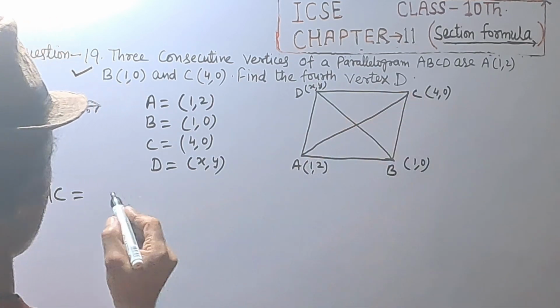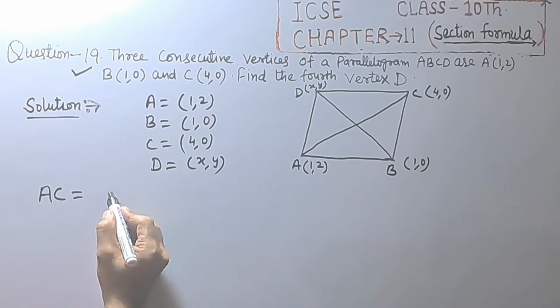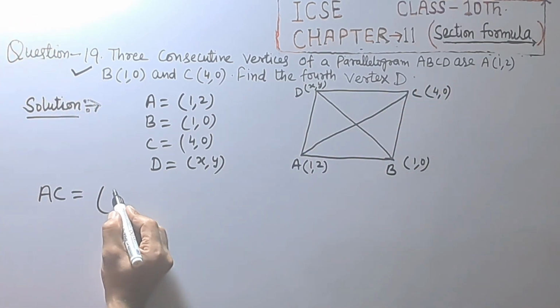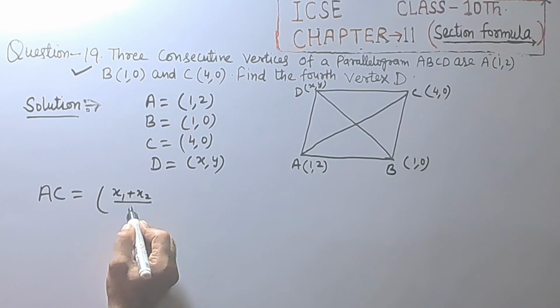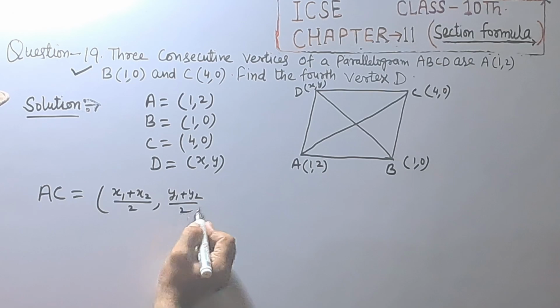Diagonal AC, by the midpoint formula, that is (x1 plus x2) upon 2, (y1 plus y2) upon 2.